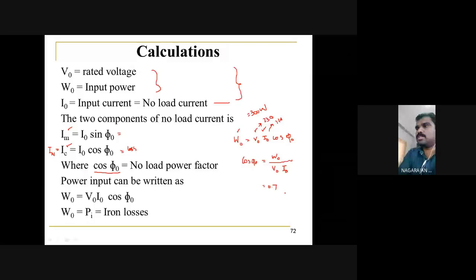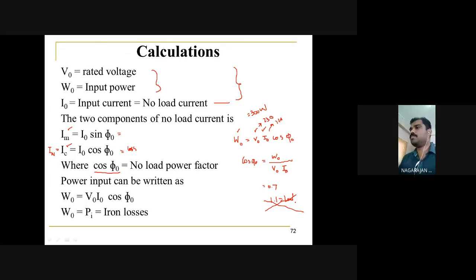So sometimes you may get confused that if the power factor is 1.1, we would think of this as leading. No, this is wrong. The power factor magnitude cannot exceed 1. If you do the calculations properly, it will not exceed 1.